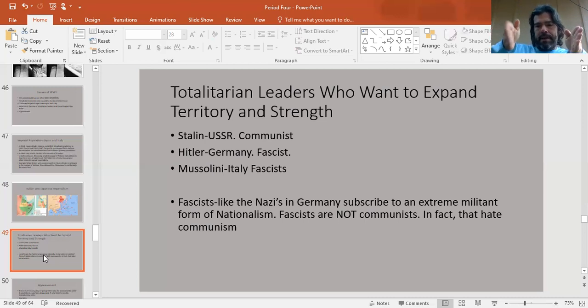Continue that line to the right side, when we say right, we talk about conservatives, Republicans. The extreme right is fascists. Fascists and communists are on the two extremes of political ideology, and they hate each other. Remember that. That becomes important to our story. But they are both totalitarian philosophies.